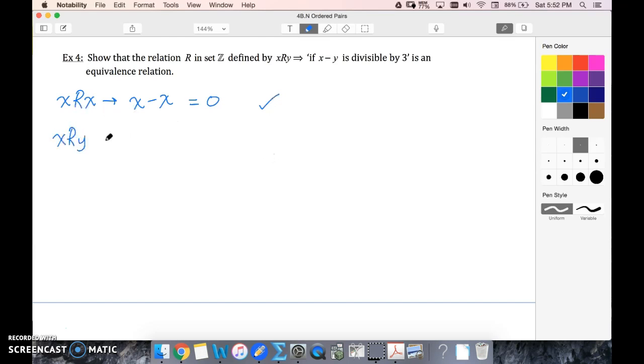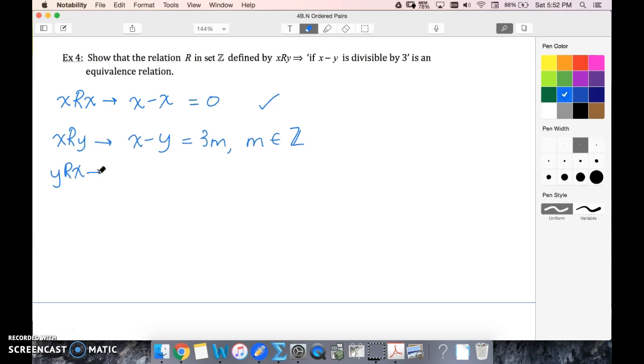x related to y, well, if x is related to y, it's going to fit our definition. So that's going to imply that x minus y is some multiple of 3, and if we want to be specific, m would be an integer. Well, we want to know if y is related to x is also going to be true.